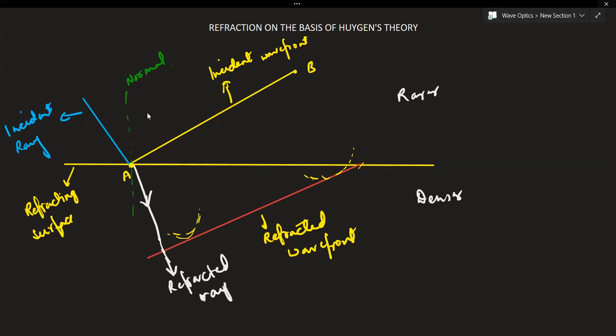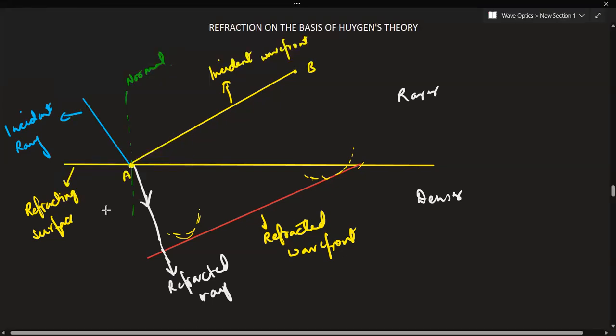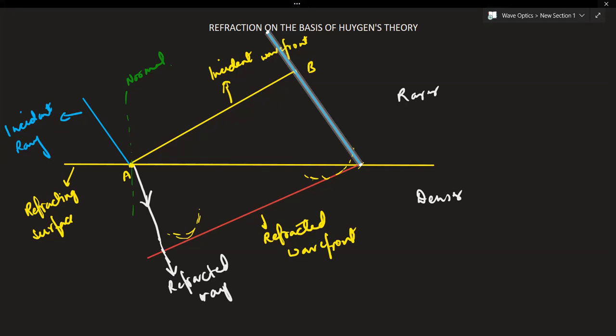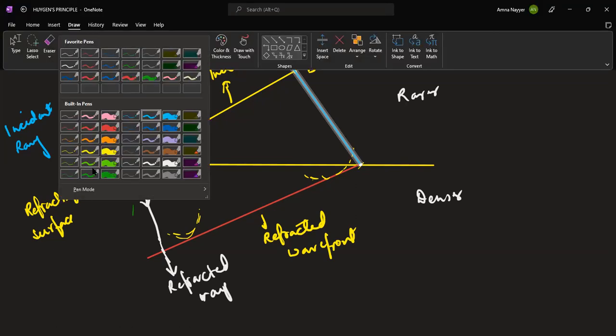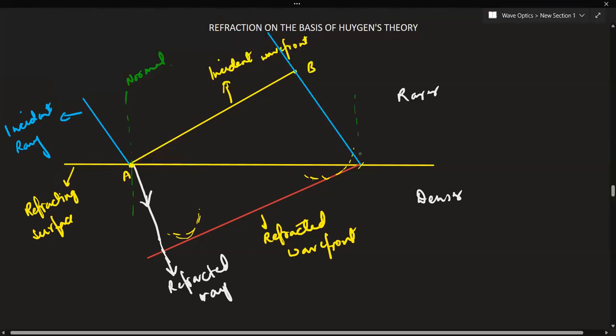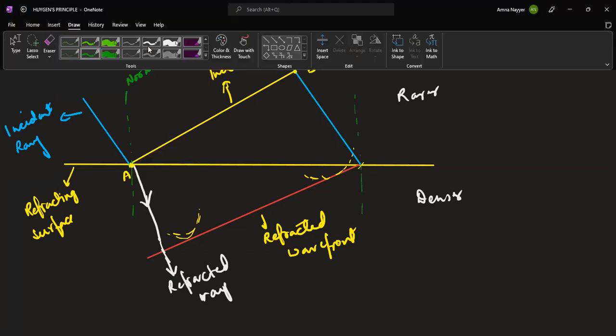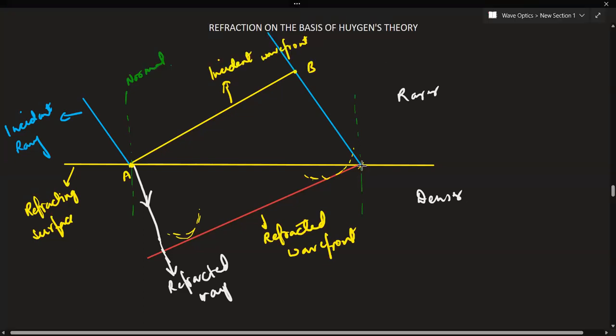Similarly, let us take the other end. This is perpendicular to B again. This is another wavefront, another wave of light, so another normal will be drawn for this, and this will also get refracted. Now, similar to the previous case, we are not aware of the speeds, and the speed will be different now.